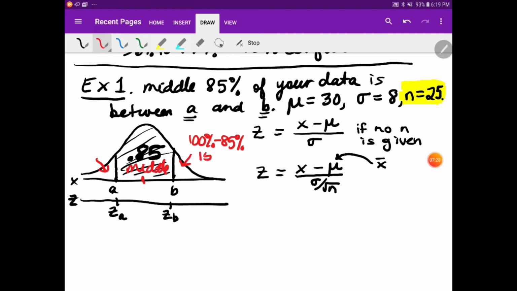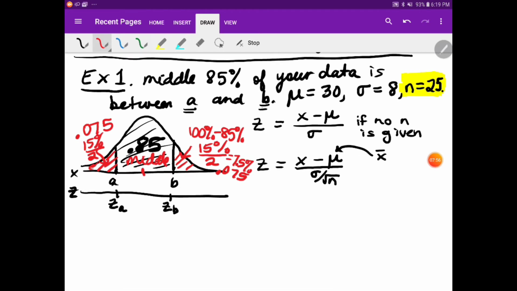So that's 15%, but that's 15% for both gaps. So this red area and this red area both have to add to be 15. So we're going to make this 15% divided by 2, and this one's also going to be 15% divided by 2. Okay, but what would that be? That would be 7.5%? So that's 0.075, and this one's also 0.075.